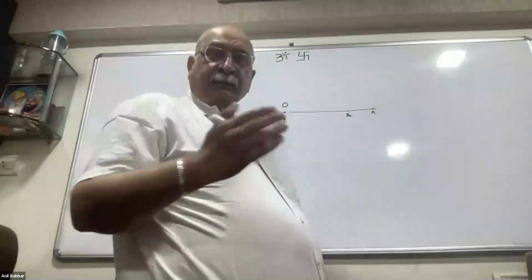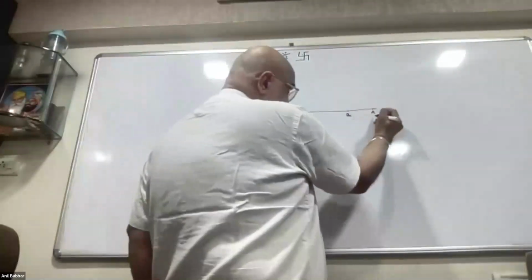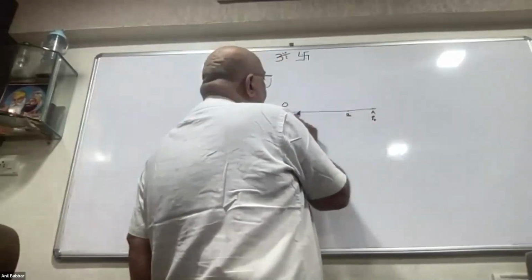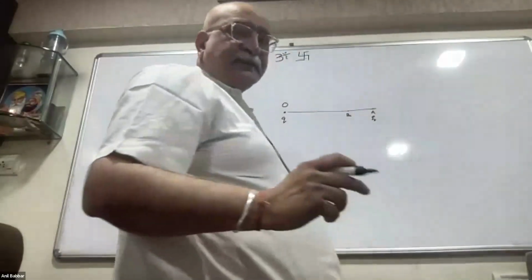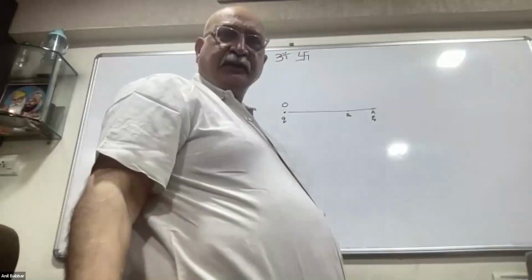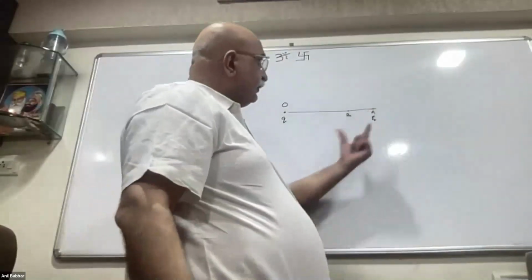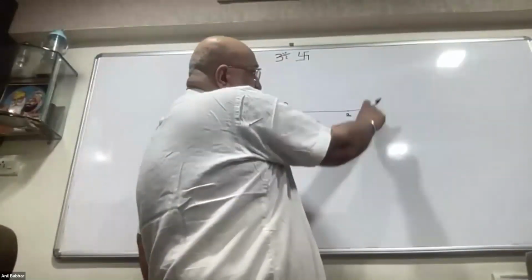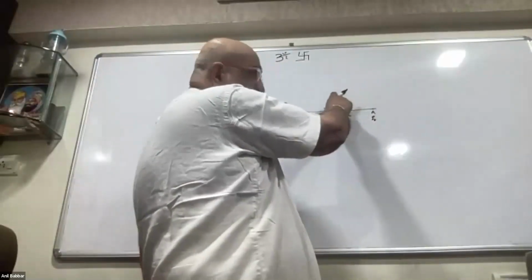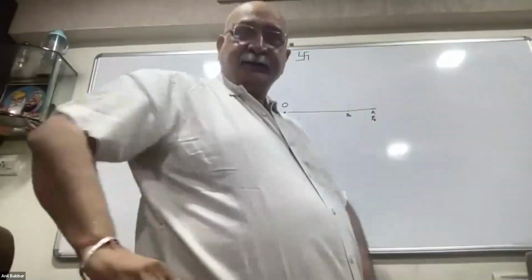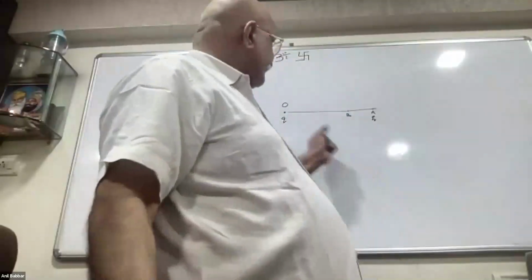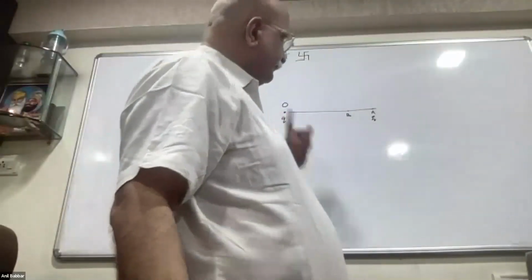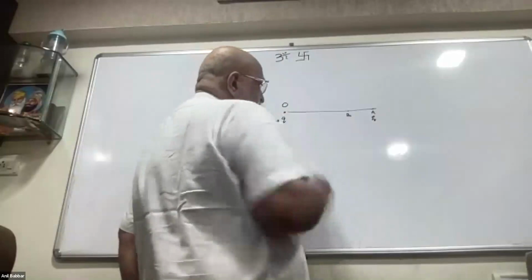We need to bring a test charge which is placed at point A to here. Some work needs to be done, and the work which is required to move this test charge Q naught from point A to point B in the electric field of this charge +Q is called the potential.